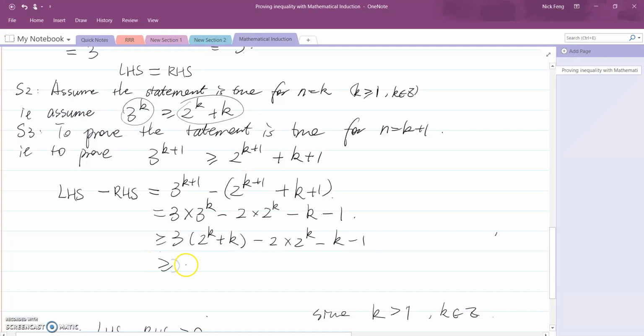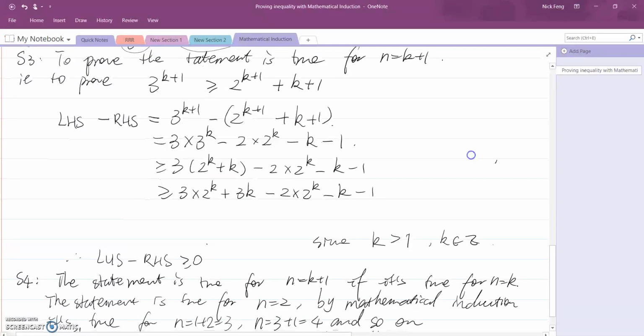That is 3 times 2 to the power of k plus 3k minus 2 times 2 to the power of k minus k minus 1. So these two are like terms, which means 3 of the thing minus 2 of the thing. That gives you just 2 to the power of k. 3k minus k is 2k. And then you got a minus 1 there.